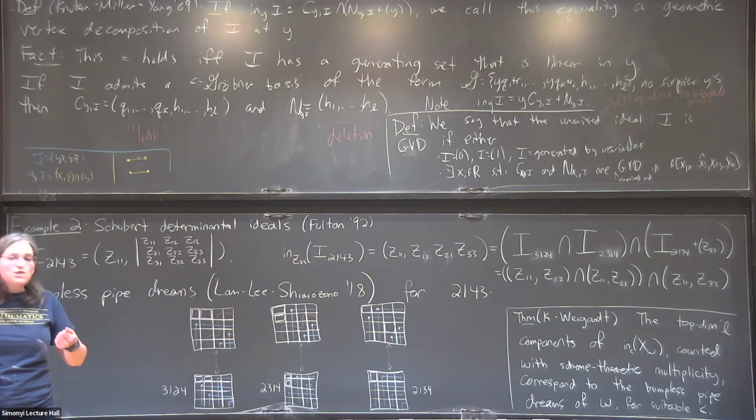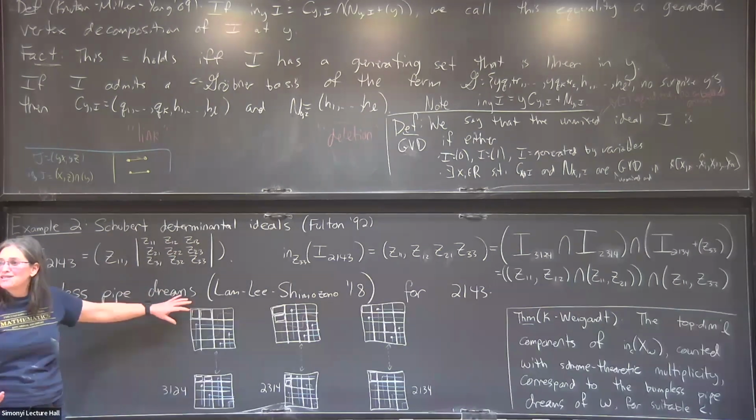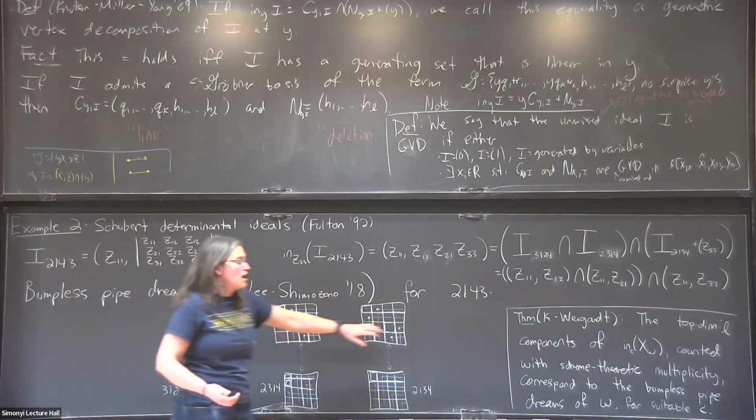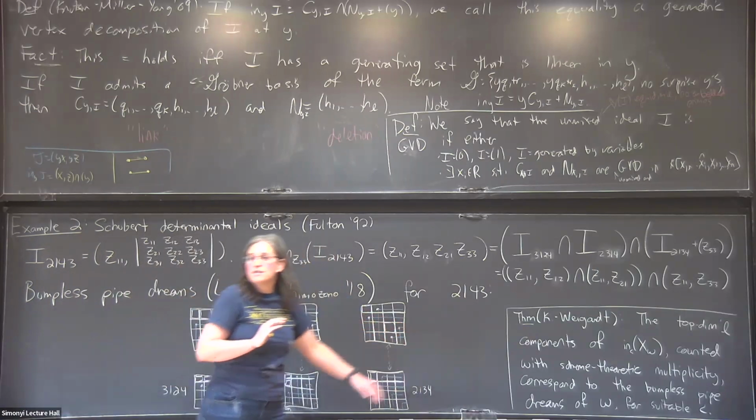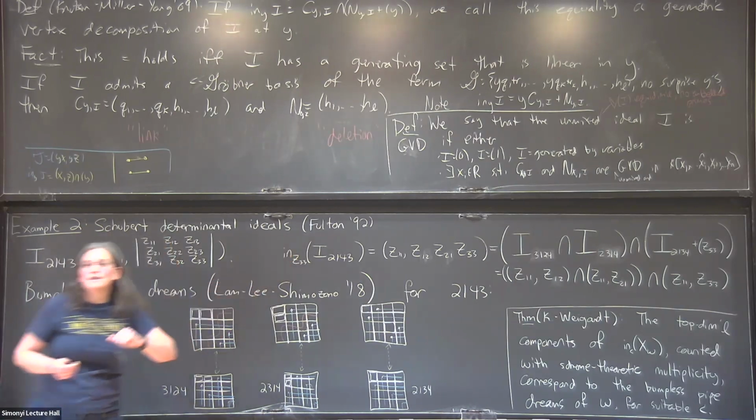And this procedure of going step by step, just one variable at a time, preserves more of the defining combinatorics. And so I can tell more easily what's going on. And this is an example of both of those situations, because in the term orders we'll talk about, we don't in general end up with square-free initial ideals. And more importantly, I really can't tell what's going on if I go all the way to the initial ideal in one fell swoop. But in one step, we can see it. So let's talk about Schubert determinantal ideals, which were introduced by Fulton in '92.